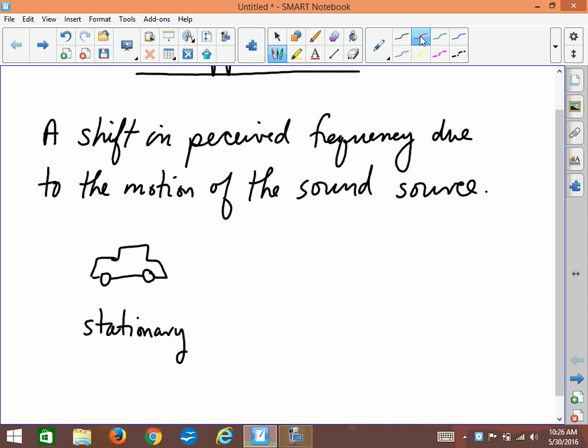I read somewhere that car horns typically are in the key of F for some reason. I'm not sure why, but the note F is somewhere around 500-600 hertz or something like that. So let's say the horn frequency is 600 hertz.